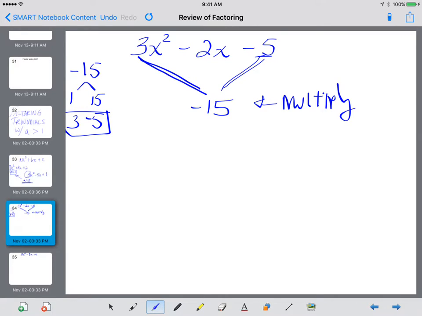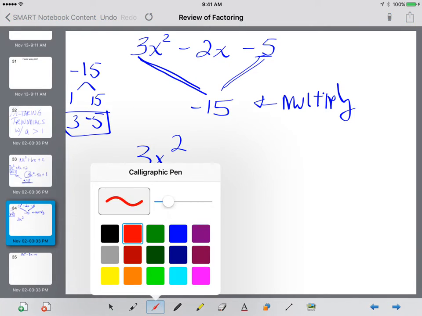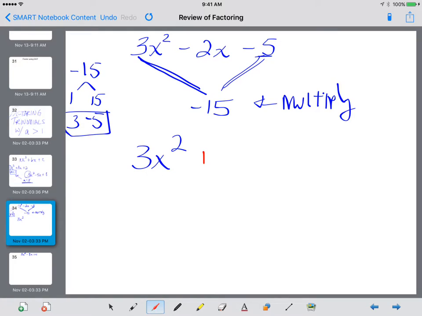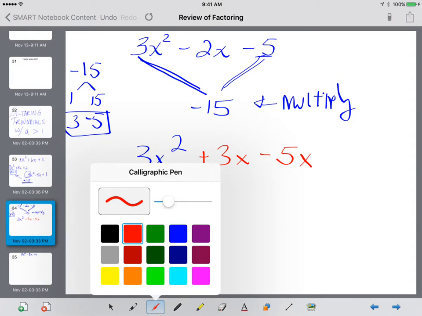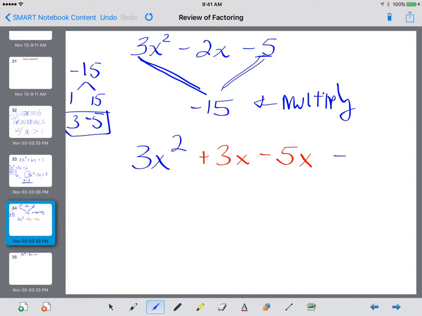I take these numbers and I split them up and I rewrite this like this. We have 3x squared, I'm going to do this just for clarification, plus 3x minus 5x minus 5. So notice all I did is I took this negative 15.